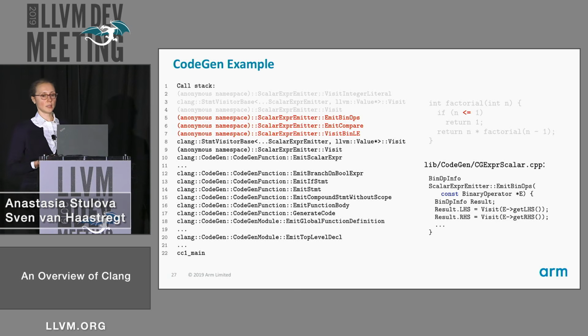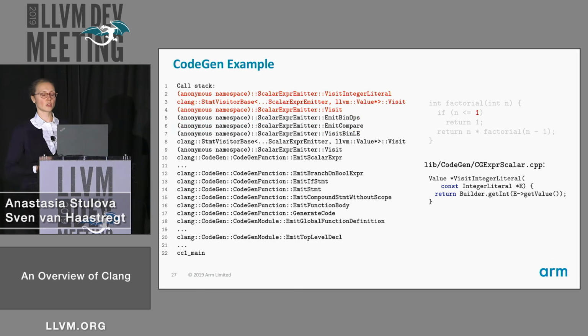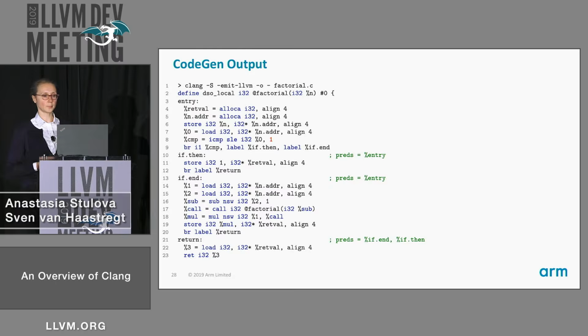Because it's not a leaf node of our tree yet, because we still have a left-hand side and right-hand side to visit, we will recurse into visiting methods again. And if we are generating the right-hand side, then we will reach at some point VisitIntegerLiteral, which is a leaf node in the AST. What it does is it will just call a builder helper function getInt, and it will generate an IR representation for the integer constant.